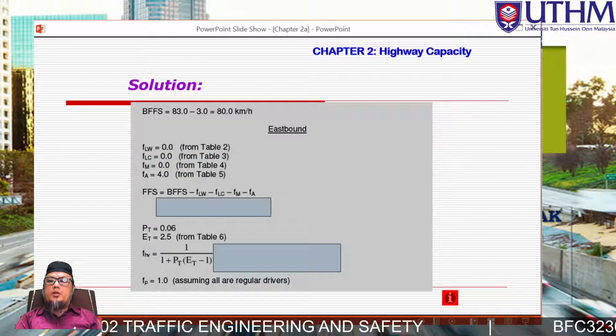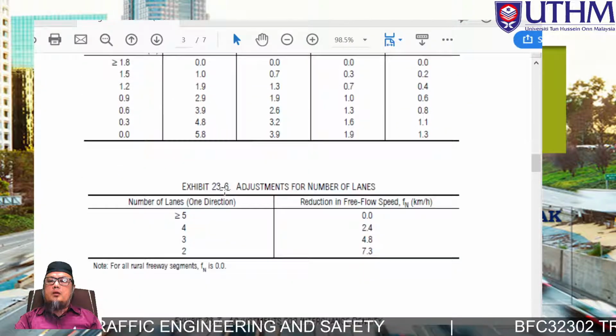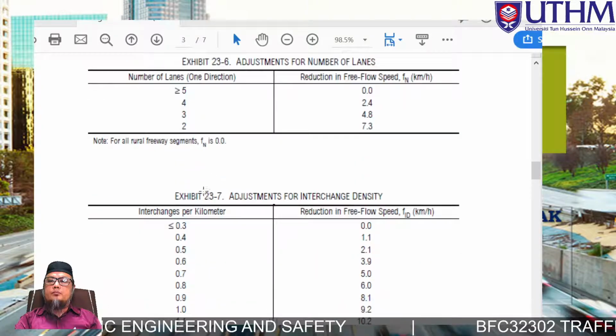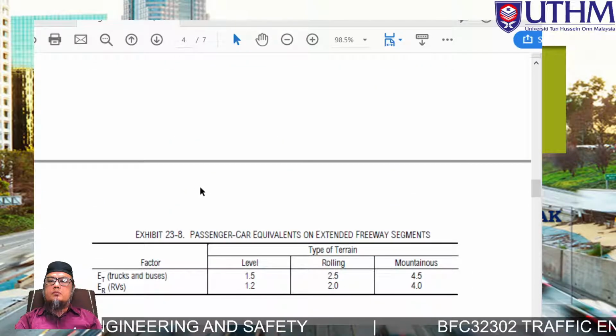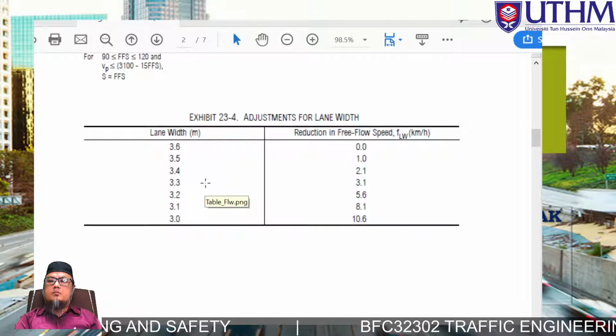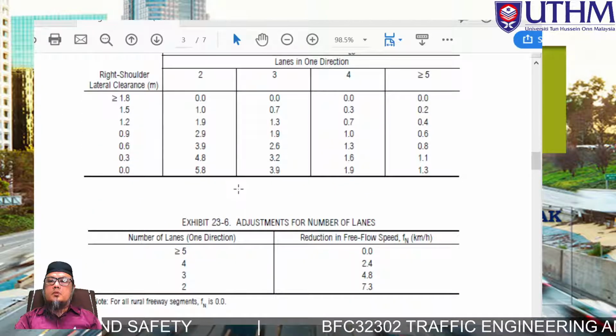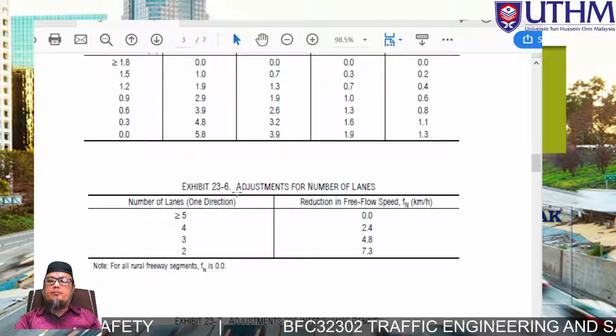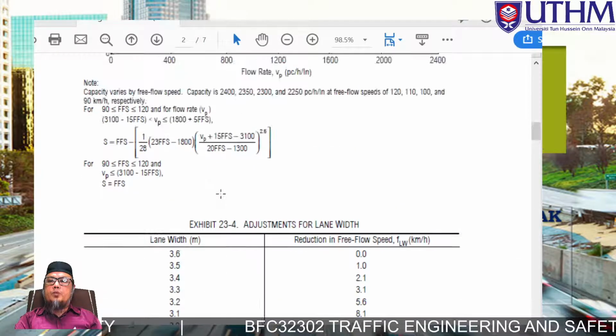Okay, median type. Where is the median type?